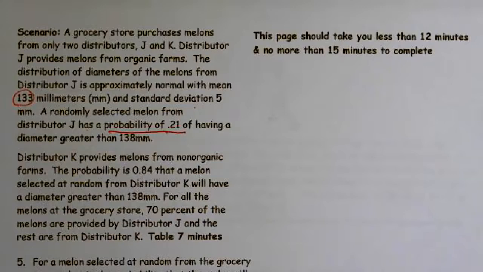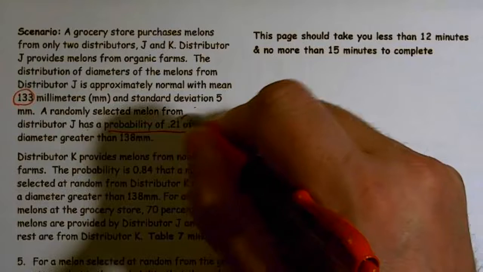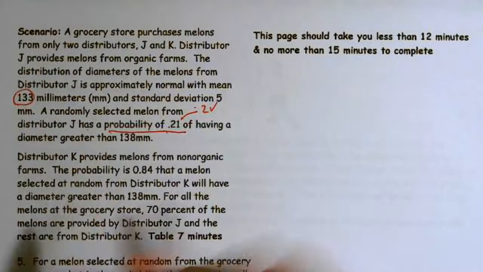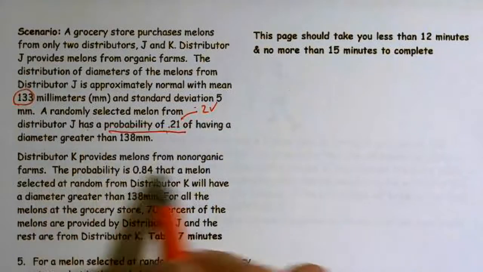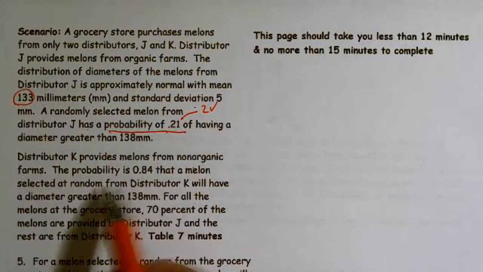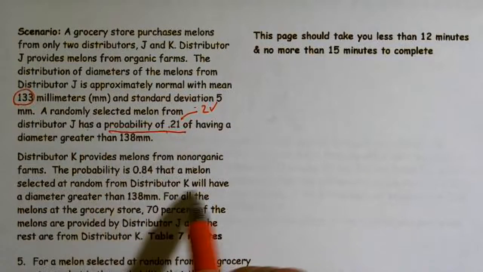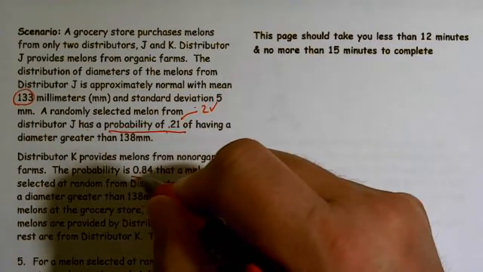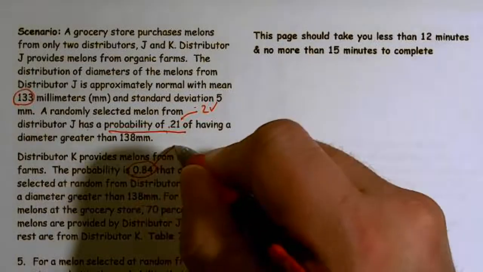Distributor K actually has 2 variables, because that has where it's from and the size. So this is a 2 variable. Distributor K provides melons from non-organic farms. The probability is 0.84 that a melon selected at random from distributor K will have a diameter greater than 138. So once again, this is 2 variables.